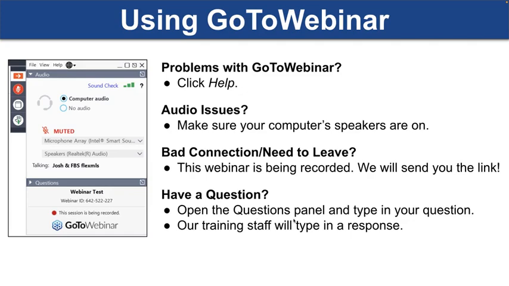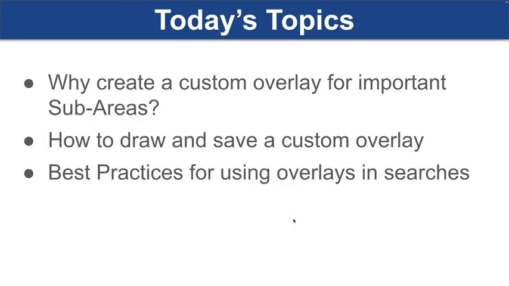With that, let's go ahead and take a look at the topics we'll be discussing today. Very first one we'll cover is why are we having this class on creating map overlays for important subareas? And then we'll go into how do you draw and save a custom overlay? And once you've created those overlays, what are the best practices for using those overlays in your searches?